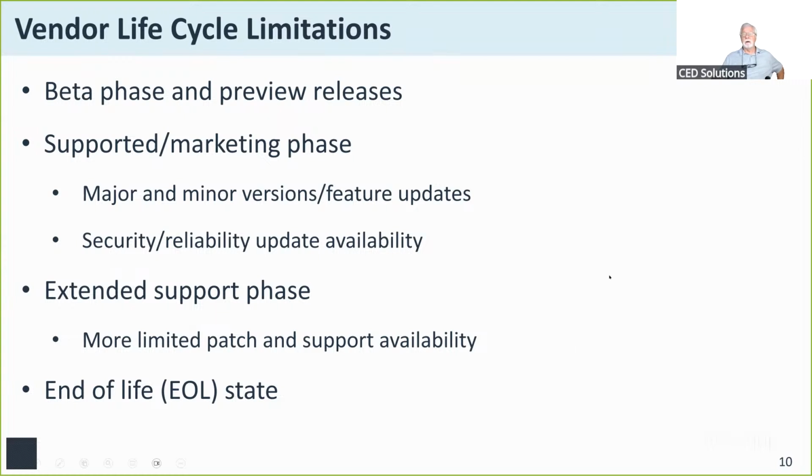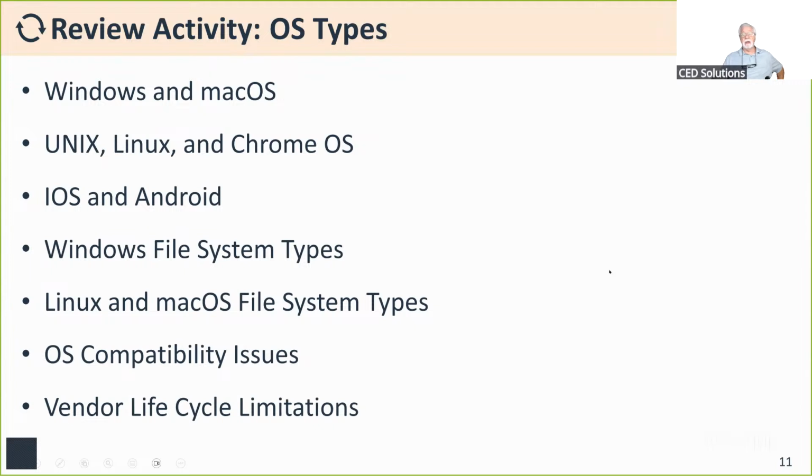Okay. Now, Microsoft, for instance, has a specific time frame in which they will release a new version of their operating system and even support application software, things like that.